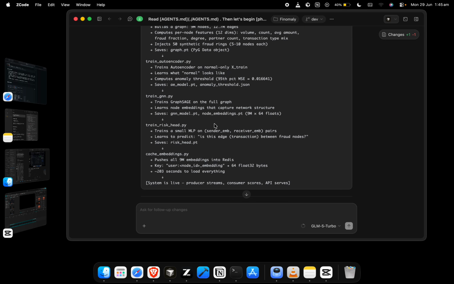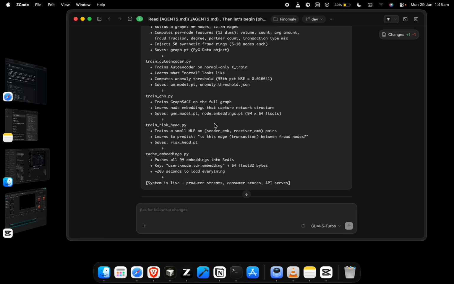It learns the node embeddings that capture network structure and saves to gnn_model.pt and node_embeddings.pt. Then the train_riskhead.py file trains a small MLP on sender embedding and receiver embedding pairs, learns to predict whether this edge transaction is between fraud nodes, then saves riskhead.pt.